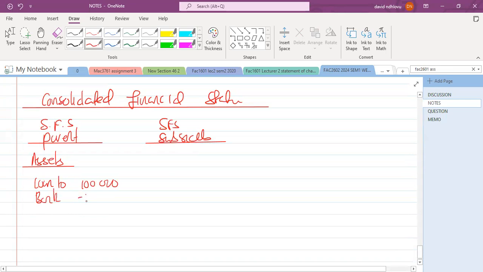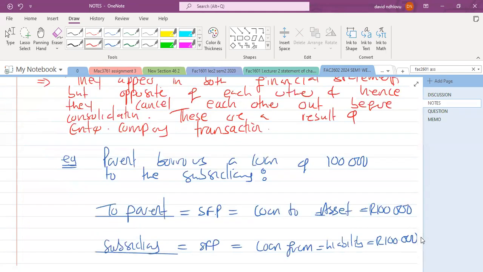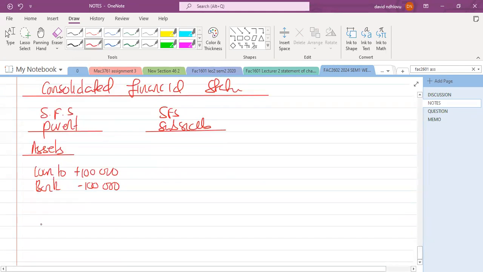there was a minus 100,000 in their books there. Because they issued a loan, they deducted the 100,000 from the bank to issue to the what? To the subsidiary. But what happened in the subsidiary's books? In their liabilities, the subsidiary will then have a loan from.